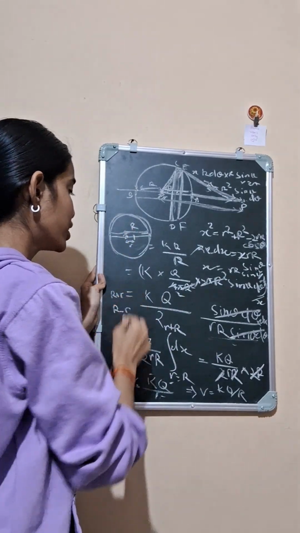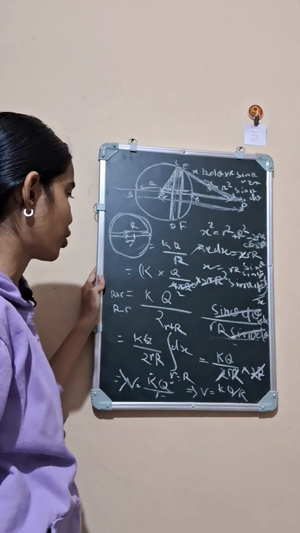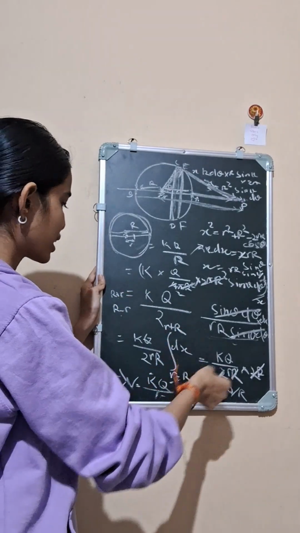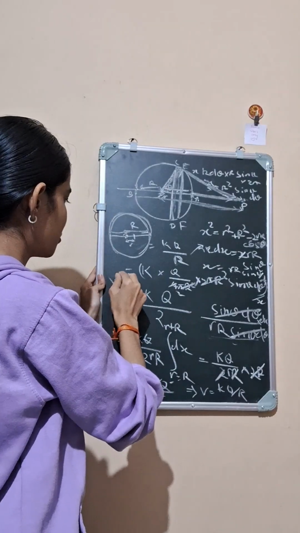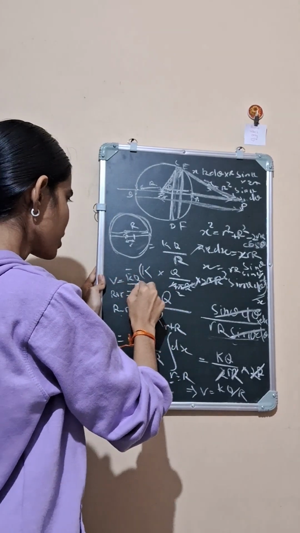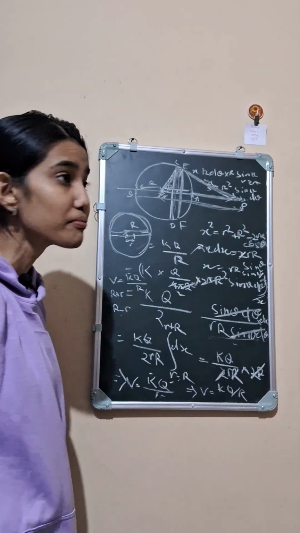So we will integrate from capital R minus small r to capital R plus small r, and if you put the limits here, you will get the potential inside the sphere equal to k q by capital R. That is the same as the potential on the surface.